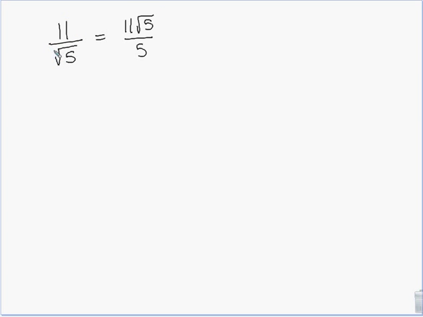If this was the 2x side, yeah. So this was what 2x equaled? Yeah. So then if 2x is equal to 11 root 5 over 5, I have to divide both sides by 2, which means I'm going to multiply those two together. And so x would equal 11 root 5 over 10.